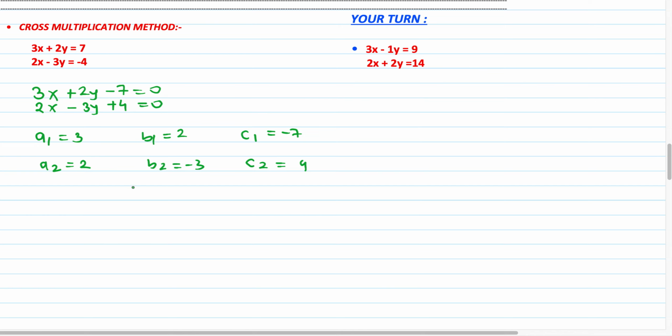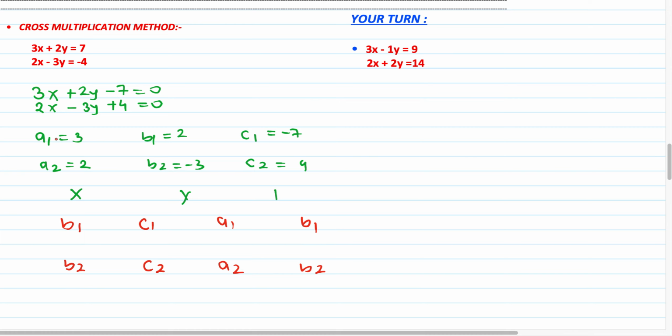Now I will write a formula here. You just write down x, y, and 1. This is x, so forget the x term and write b1 b2, then c1 c2, then a1 a2, and then b1 b2.